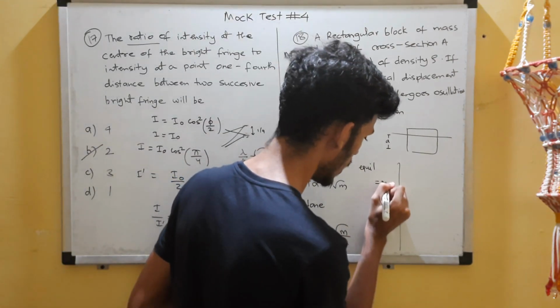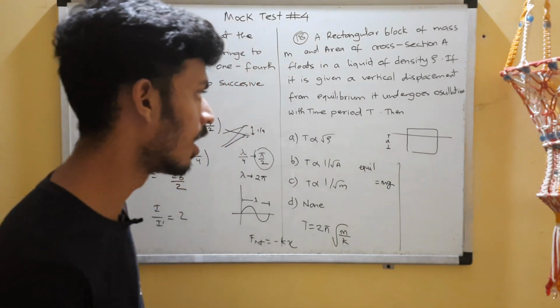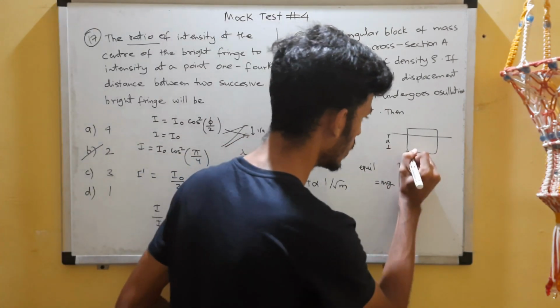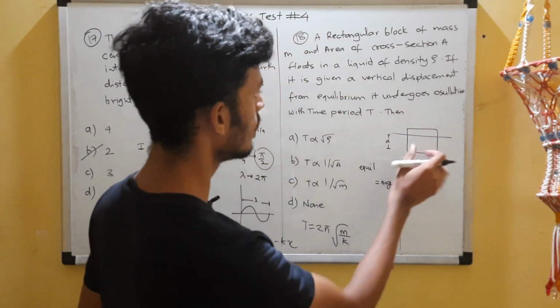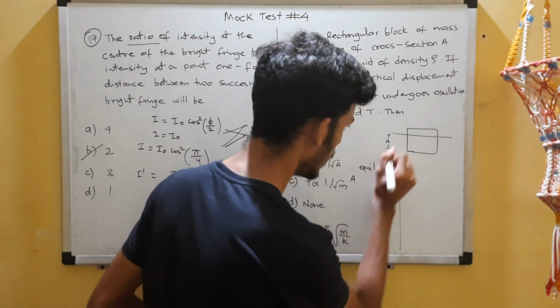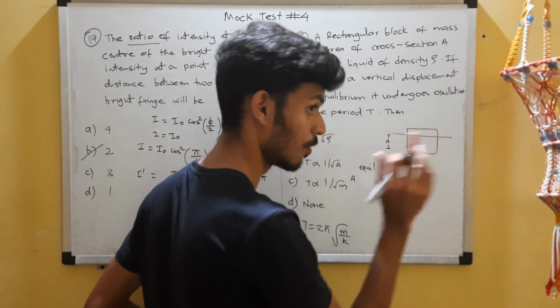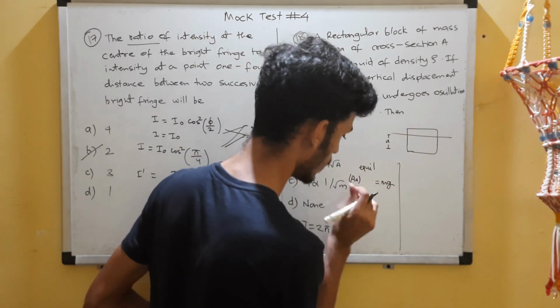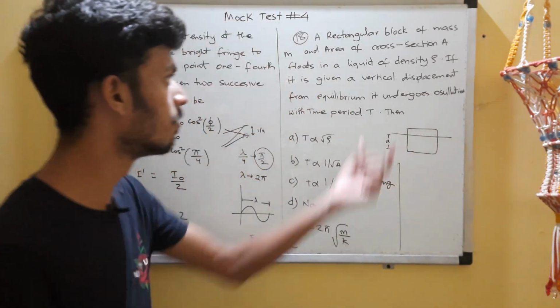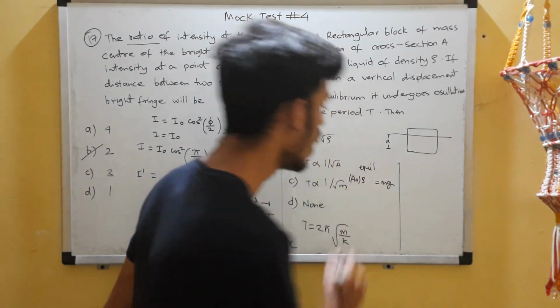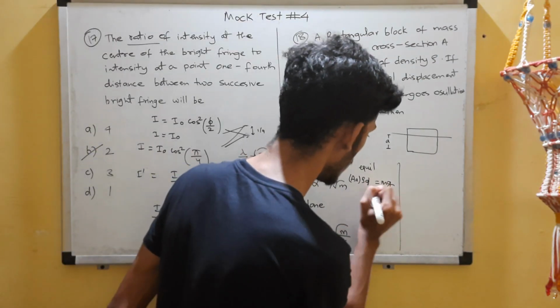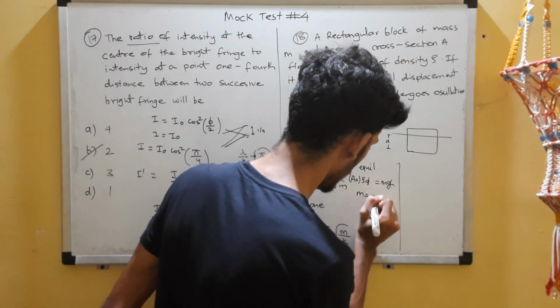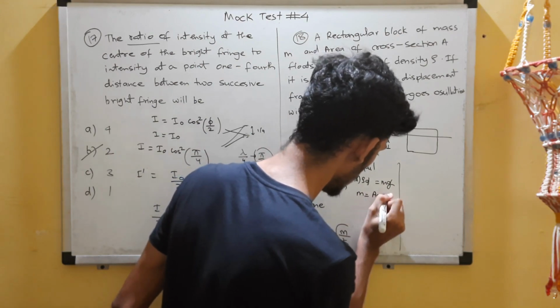The upthrust is the volume immersed times rho g. The volume is area of base A into the height immersed, a. So A into a is the volume immersed, times rho, the density of the liquid, into g. So under equilibrium, this is the case.